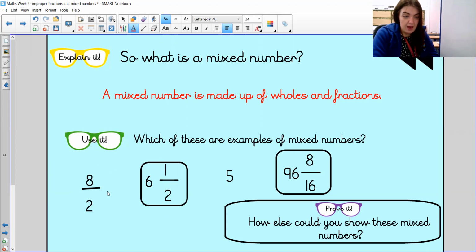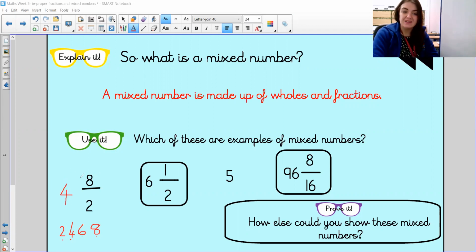Okay. And this one here, I've got 8 halves. So let's have a look. How many parts make my whole? 2. I'm just going to put my pen on. 2 parts make my whole. So how many lots of 2 can I make? 2, 4, 6, 8. I can make 1, 2, 3, 4. So if I was doing that, it would also be the same as 4.